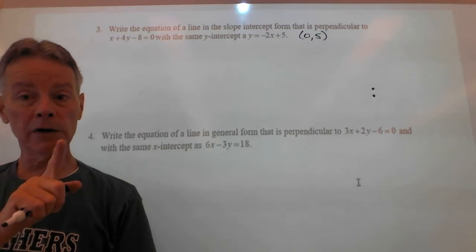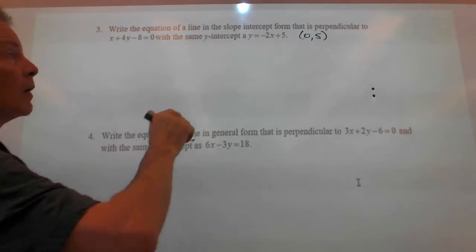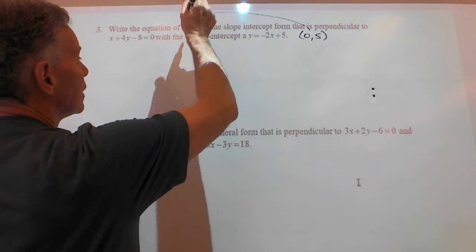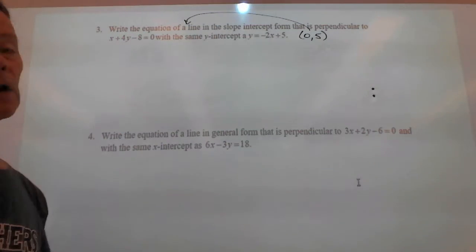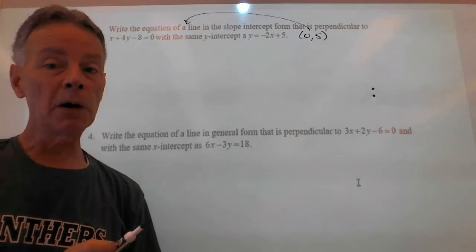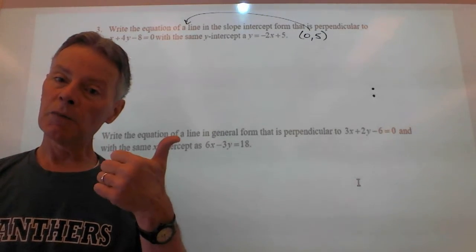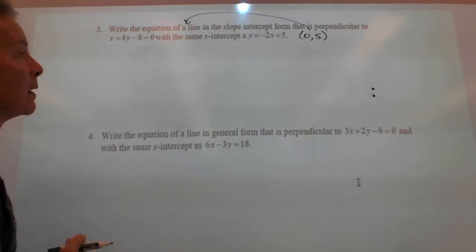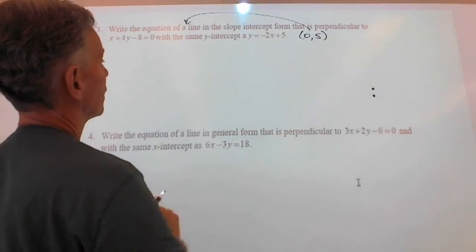Oh, we have a point. Okay? So they're telling you this y-intercept is the same as our mystery line. Good. We have one piece of information. Remember, all you need is the slope and one point, and you can write the equation of a line. Okay, so we're partway there.